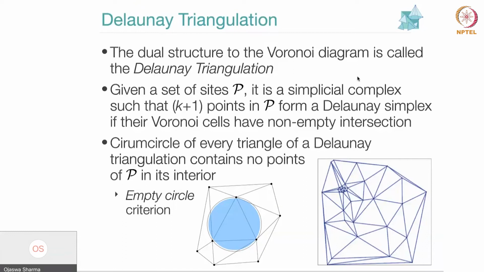There are many ways in which I can triangulate. A Delaunay triangulation is a special type of triangulation. That is, it's a special way of tiling, connecting the points in a plane.